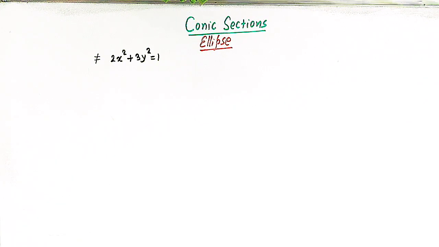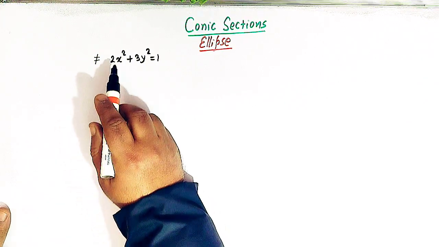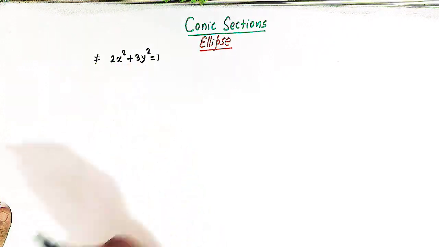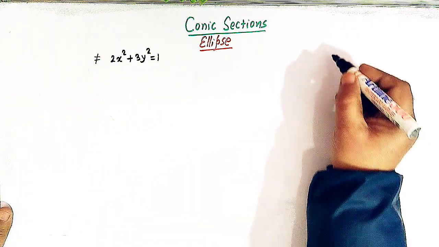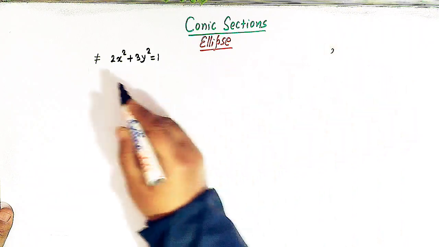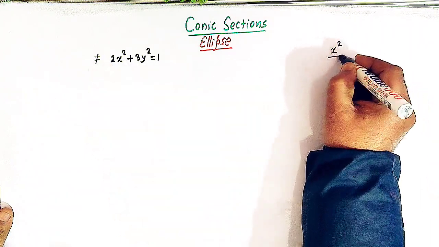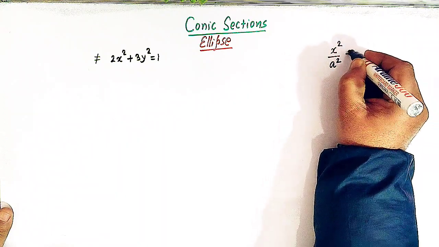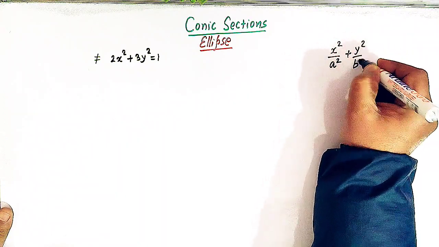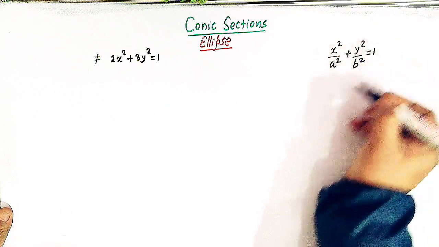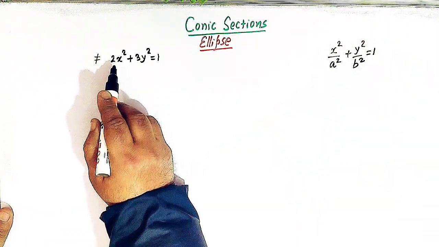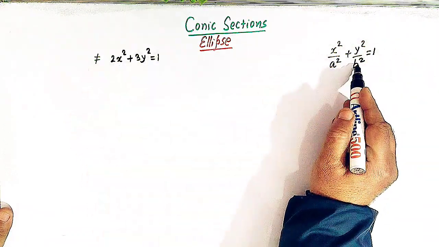So let us first write this Cartesian equation of ellipse in a standard form. So by standard form, we mean that we have to express this equation in this form, that is x square over a square plus y square over b square is equal to 1. Right? So now I will express this equation in this form.